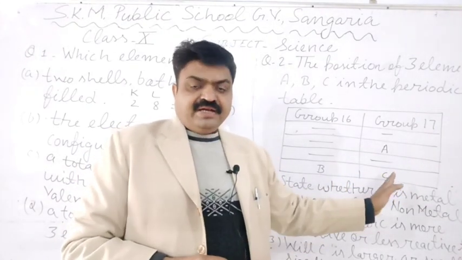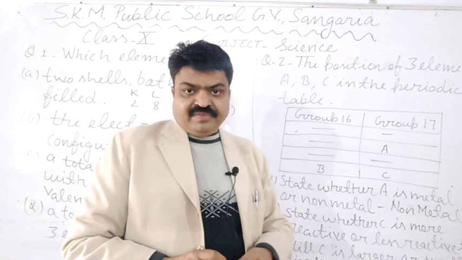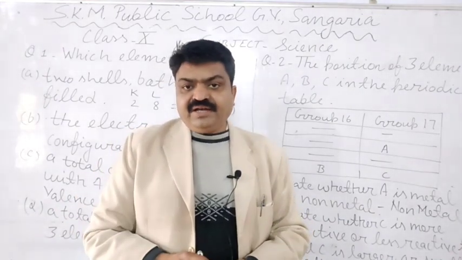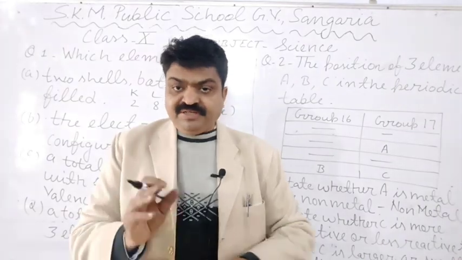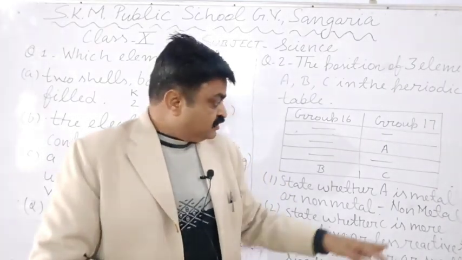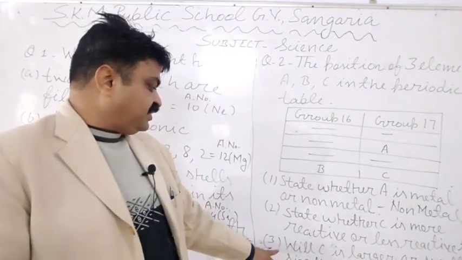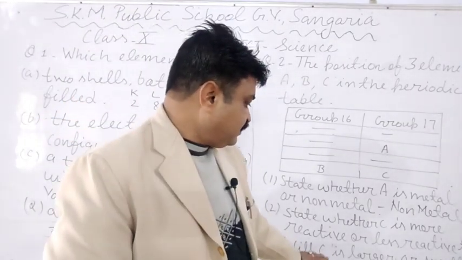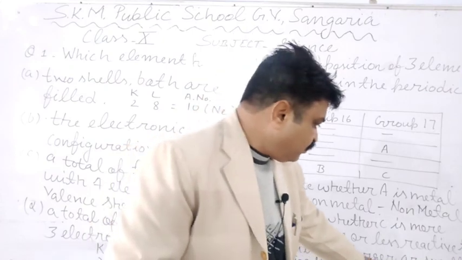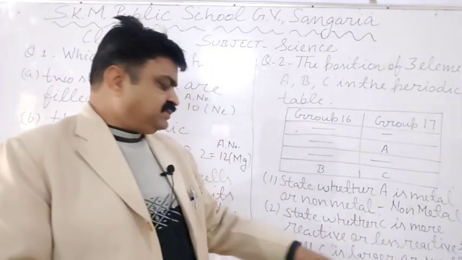In C, the electrons are increasing, and due to that, the nuclear charge is also increasing. So what answer will you write in this case? Is C larger or smaller in size than B?